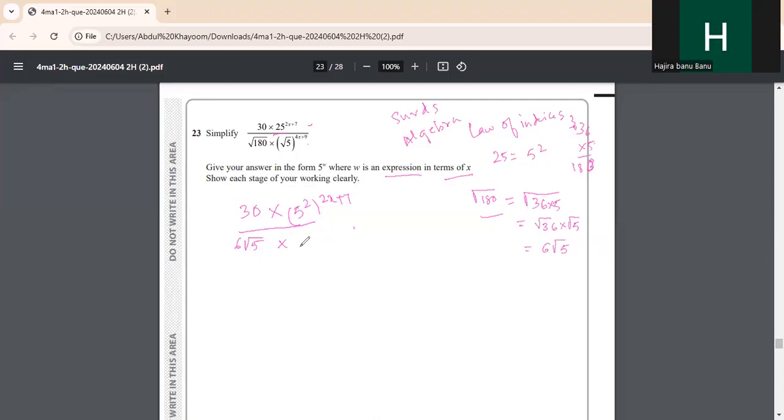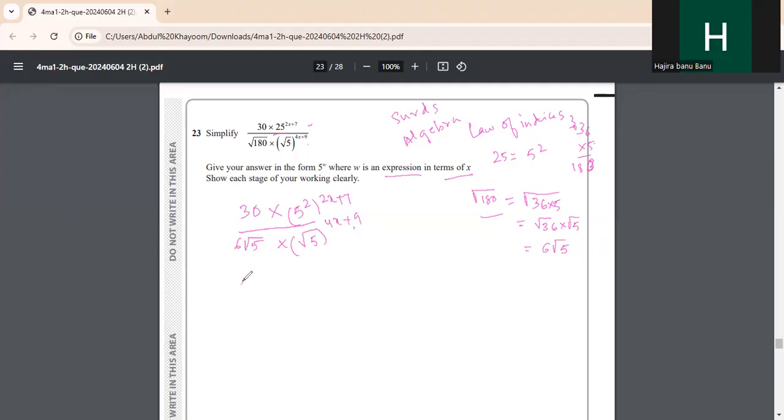How will we simplify? Okay, so then I will keep this root 5 as it is, whole to the power of 4x plus 9, as of now.